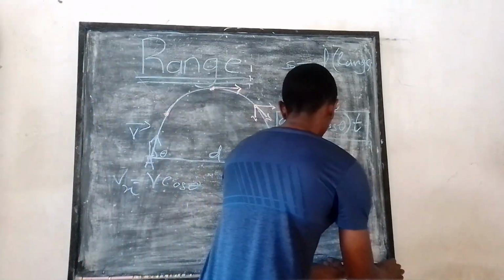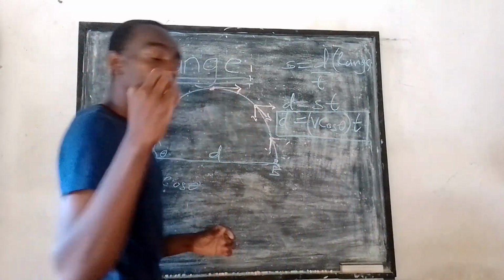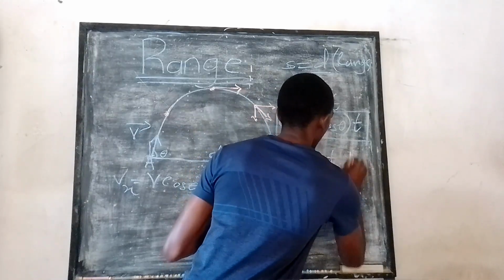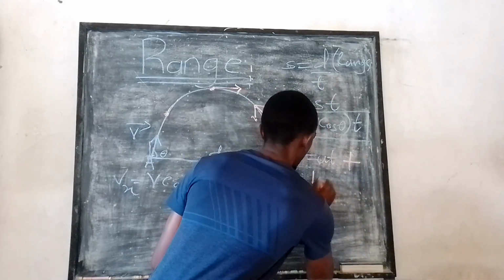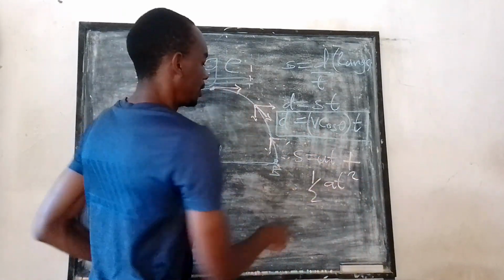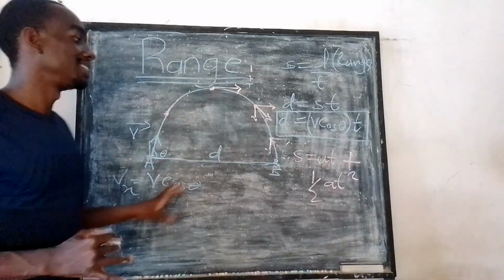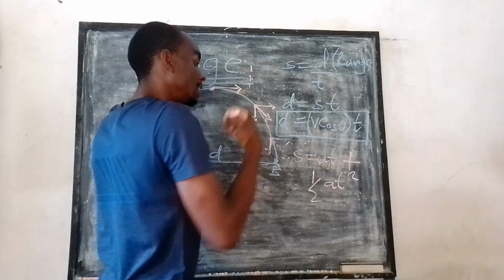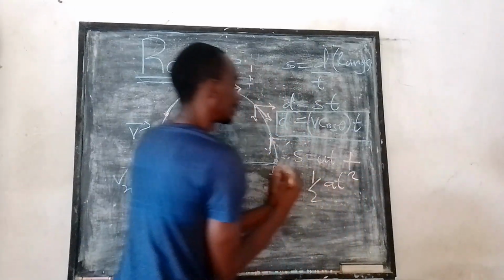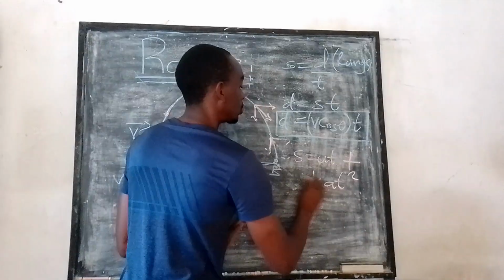Where does it come from, though? Real quick, I want to show you where it comes from. It comes from our equation of motion. S is equal to ut plus half at squared. Then, since the horizontal component of the velocity doesn't change, it means our acceleration is equal to 0. This then makes this entire part of the expression vanish. If we multiply this part by 0, this vanishes.